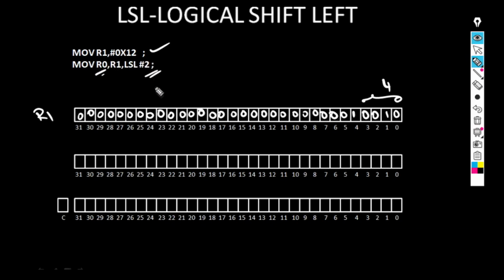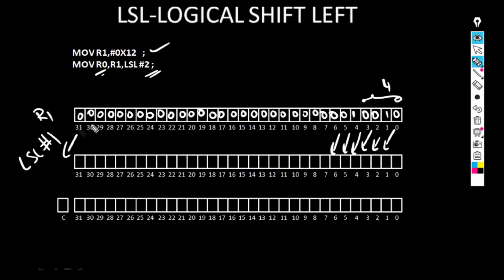So what will happen if I perform LSL #1? It means if I shift this by 1 position, what exactly will be the result? We shift each bit towards the left side and see what result we get.